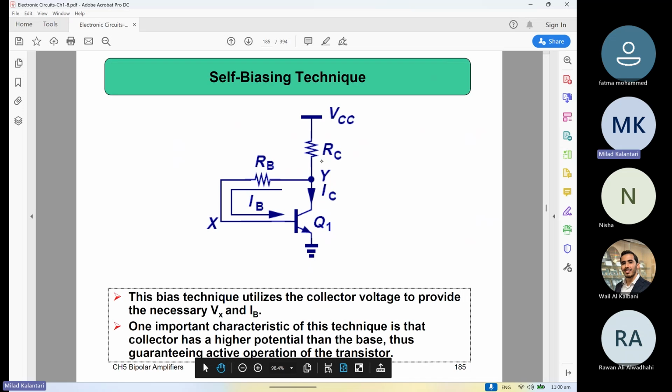IC is the collector current, but it also passes through the RC, right? There is a base current and a collector current. So the sum of these two is passing through RC. So you need to write the KVL from the top, coming here and going to here.